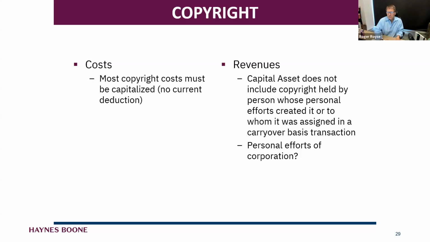Okay, so I write a book and then I sell the book, right? Well, my personal efforts created that. So now I'm in this exception to capital gain treatment. And where it becomes an issue is, what if you've got a corporation that created the book and then sold the book? Is that personal efforts? And there are cases that put a little more definition around that.